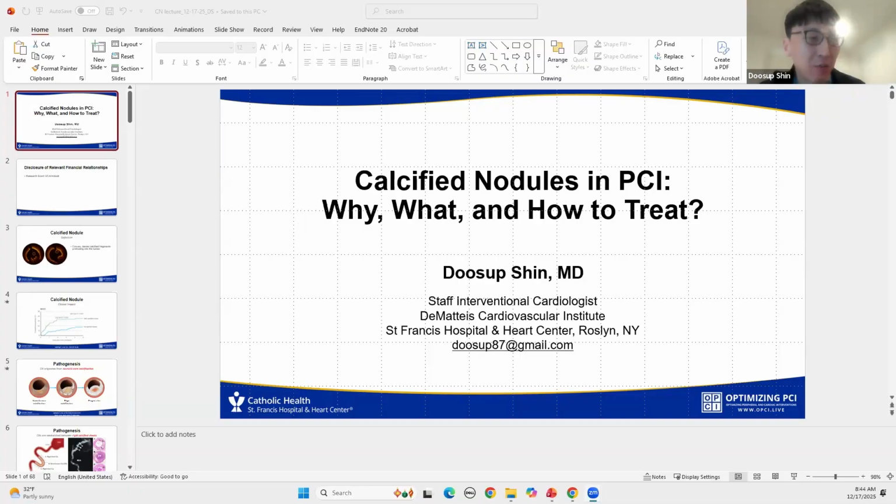Right. Yeah, I mean, it probably depends on when you actually see the nodule. As you mentioned, initially there will probably be no eruption at the very beginning, but as time goes on, the internal material can erupt through the fibrous cap and cause acute coronary syndrome, or become an eruptive calcified nodule.